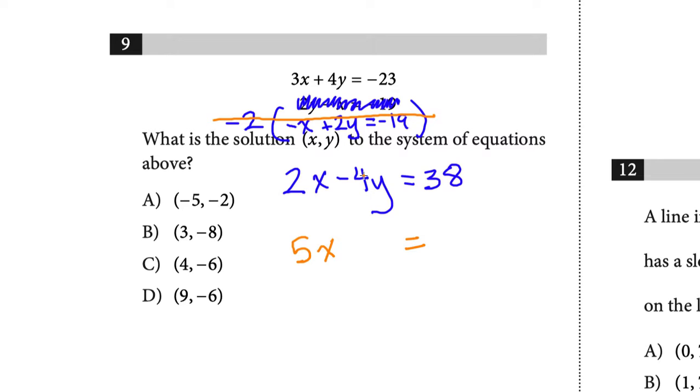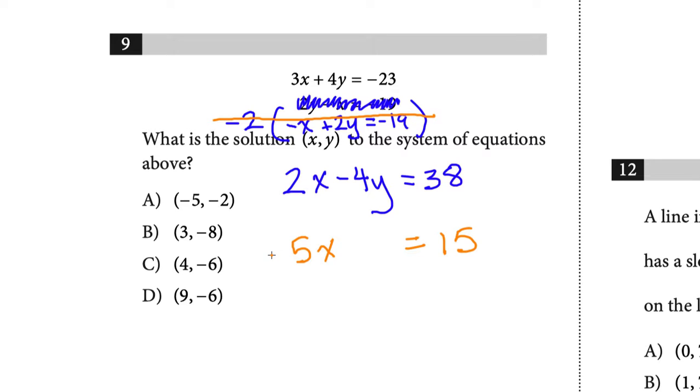Sergio? Oh, wait, no, 15. I added equation 1 with equation 2, and I got equation 3.